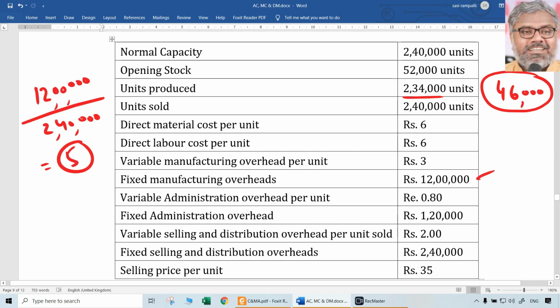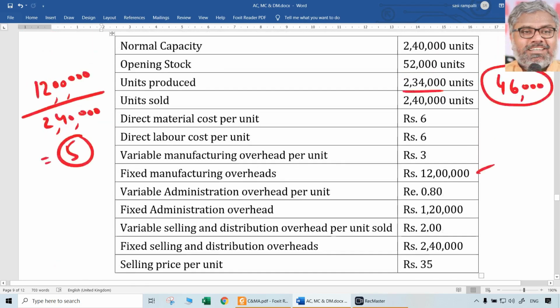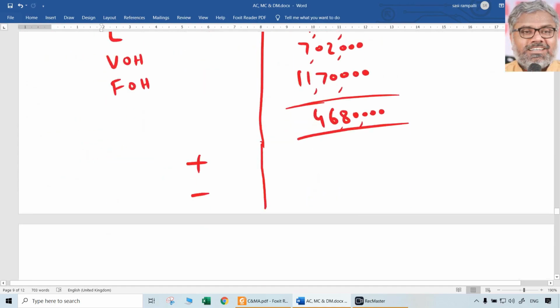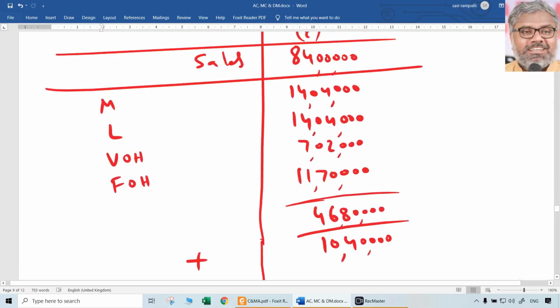So 20 rupees is the inventoriable cost: 6 plus 6 plus 3 plus 5. So 20 rupees into how many units of opening stock? 52,000 units. So 20 into 52,000 means 10,40,000 is the value of opening stock, isn't it?